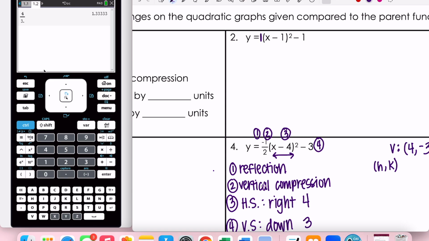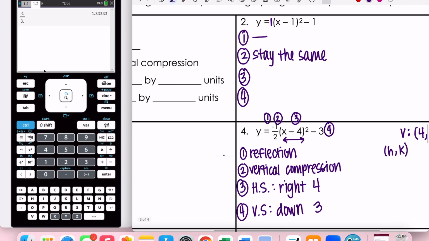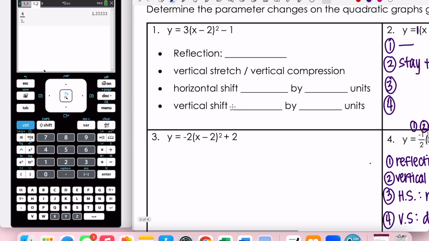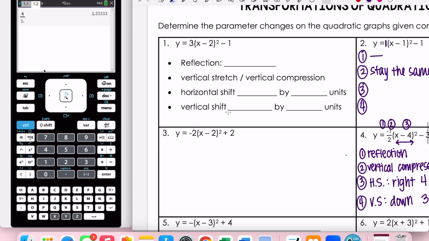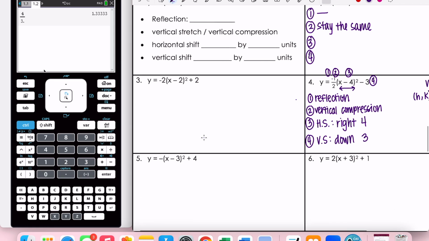So let me go ahead and put number 1, I would just put nothing. Number 2, since it's 1, I know that that would stay the same. And then you would just have to identify the vertical shift and the horizontal shift for 3 and 4. But again, use number 1 as your kind of template for the 4 things that I want to see on your paper in this section.